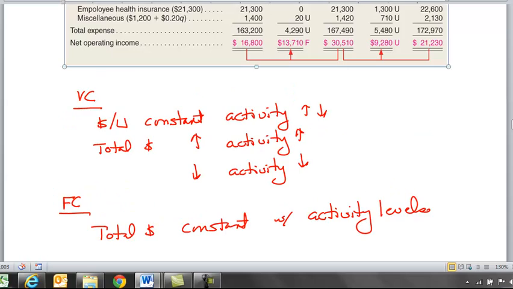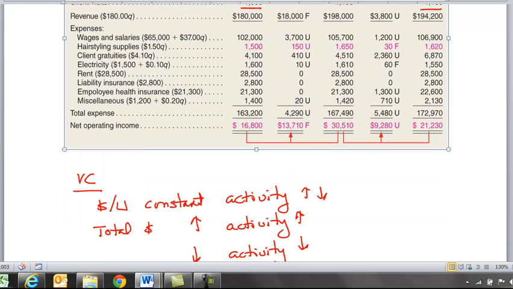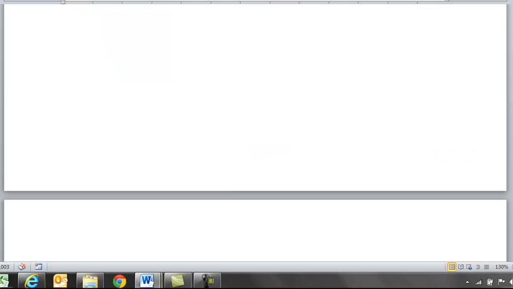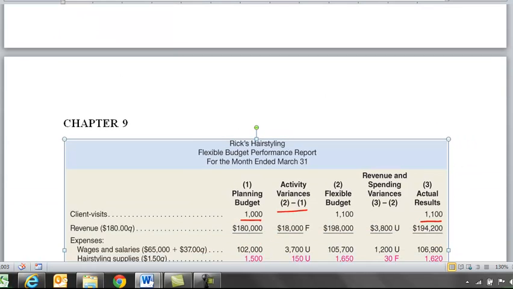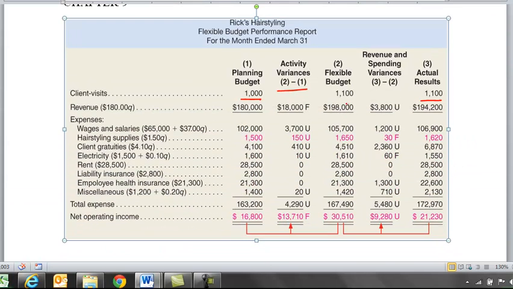And why would that be? Well, if we go back to this here, you can see that my revenue under flexible is $198,000, and it's larger than my planning budget. So the difference, 198 minus 180, is going to give me a positive 18,000, which is favorable.